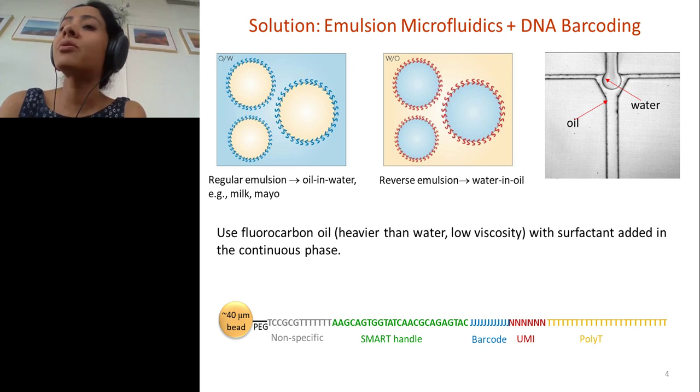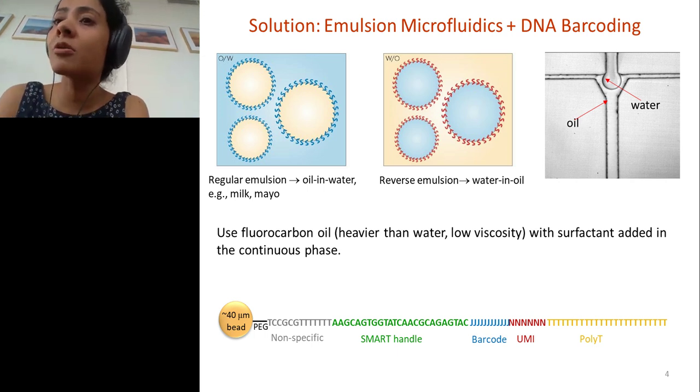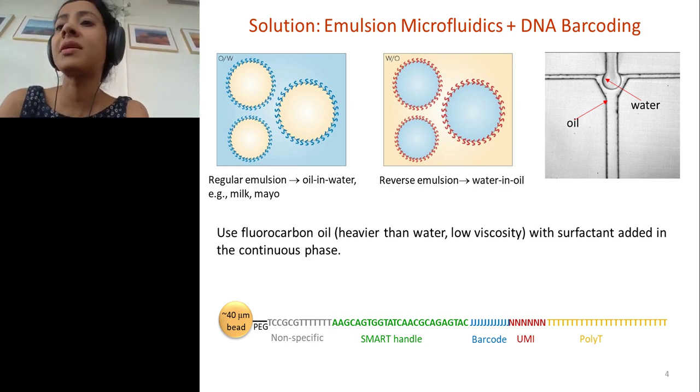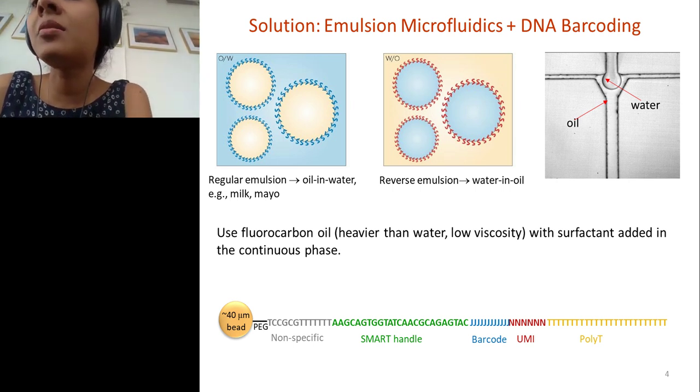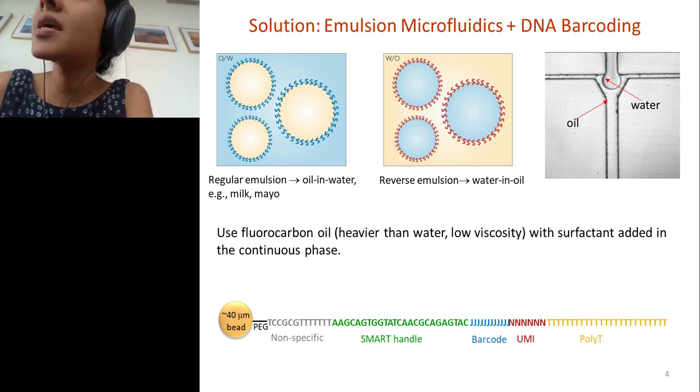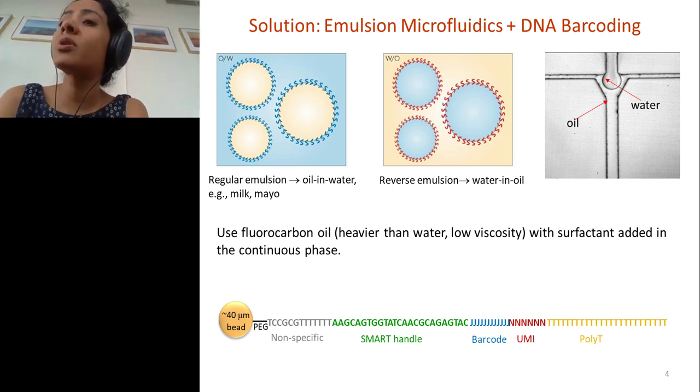The unique thing about this DNA barcode is that it has a series of J's here. If you look to the bottom of the slide in blue, this is going to be unique for every droplet. So each cell that is assigned to a given droplet is going to have its own unique barcode.